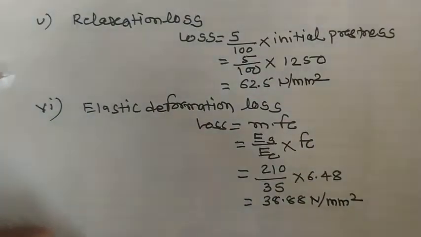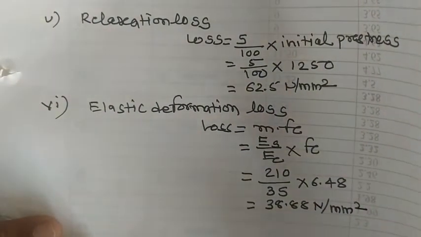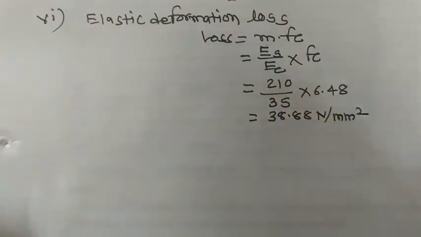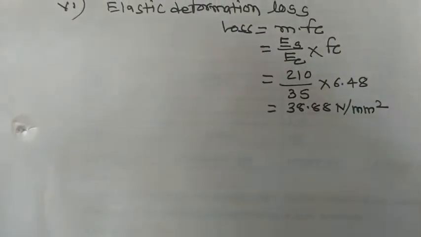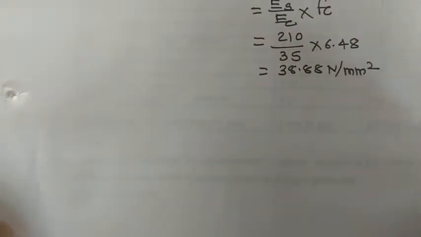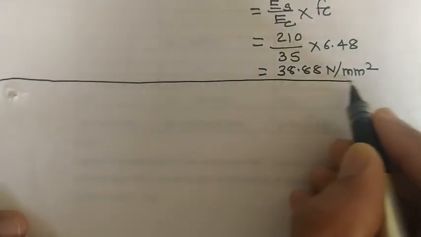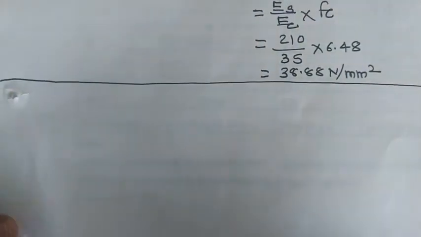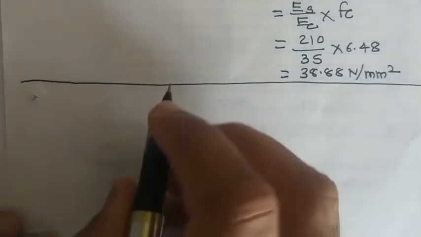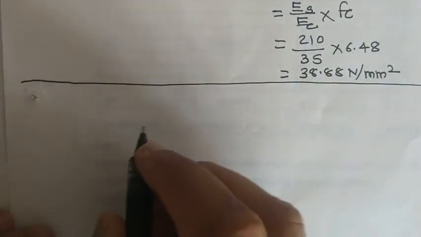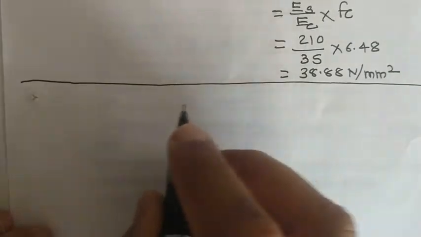So all the losses are calculated. Now list out all losses related to post-tensioning and pre-tensioning, and finally find out the percentage loss. So first you have to list out all these losses.